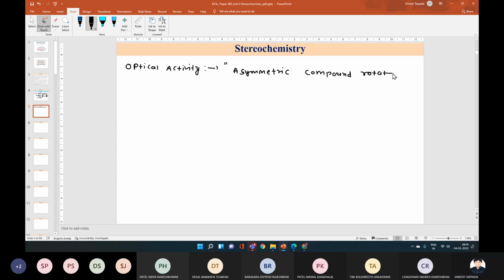An asymmetric compound rotates the plane of polarized light either in a clockwise direction or in an anti-clockwise direction.